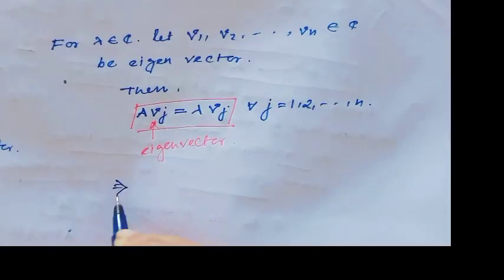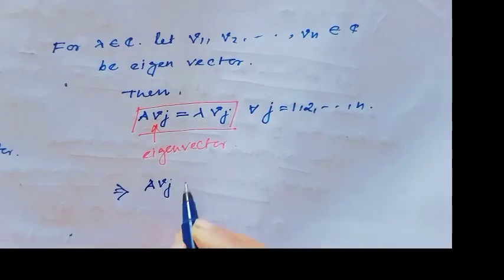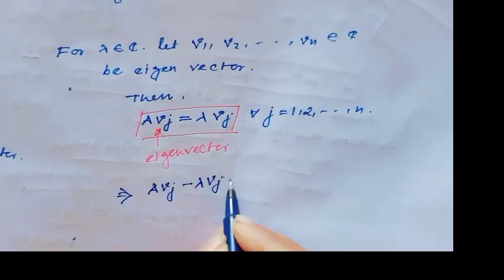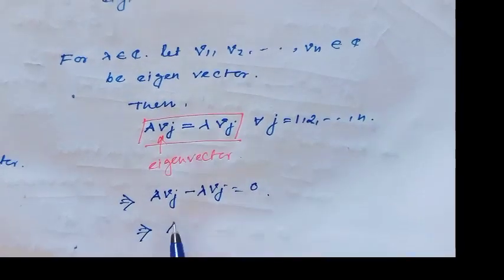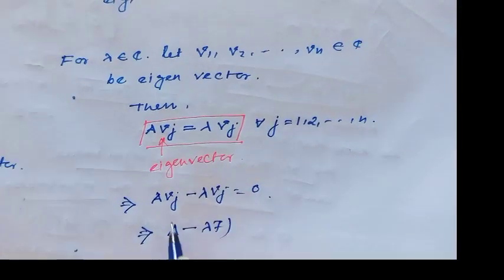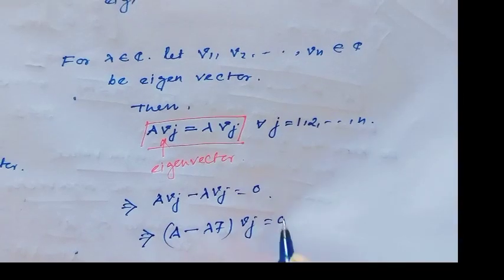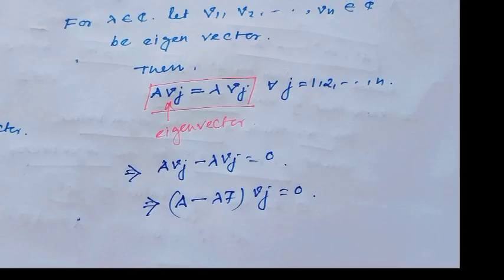Then that implies A Vj minus lambda Vj equals the zero vector. That implies (A minus lambda I) times Vj equals the zero vector. This is the definition all of us know.